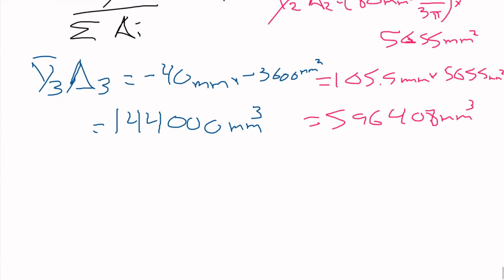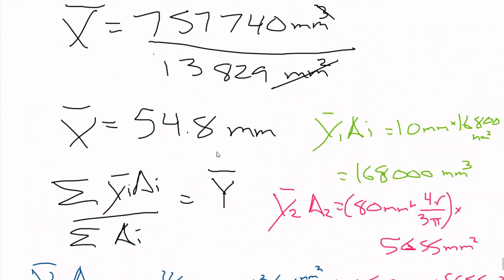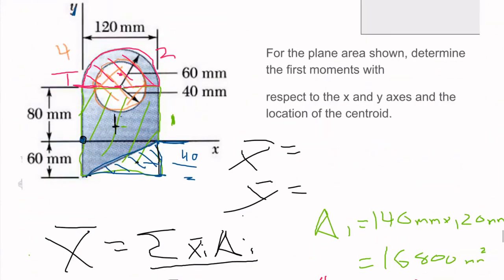And then next up we've got our y bar 4 A4. Y bar there is kind of centered at the same spot as the top of the rectangular section, so it's 80 millimeters.